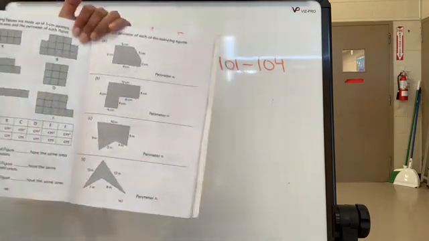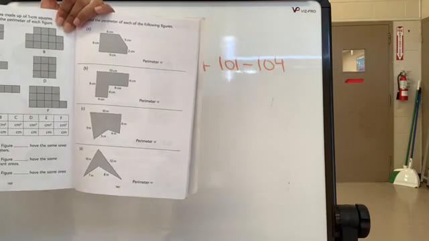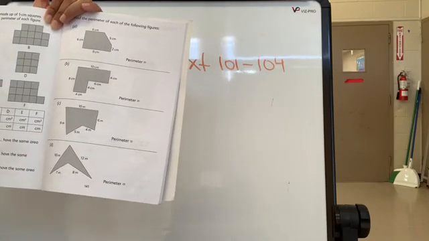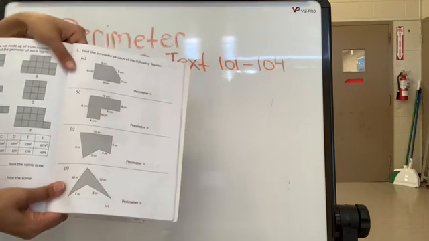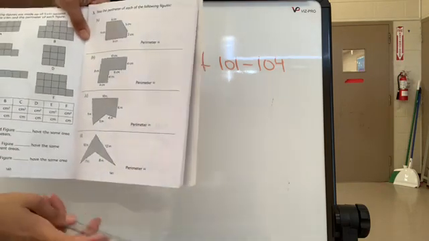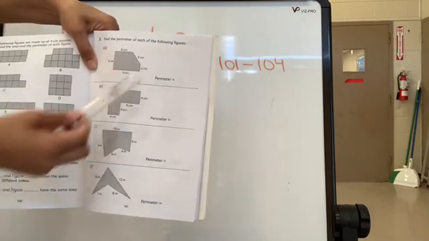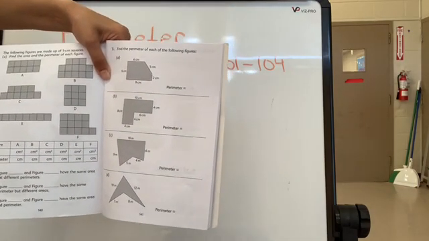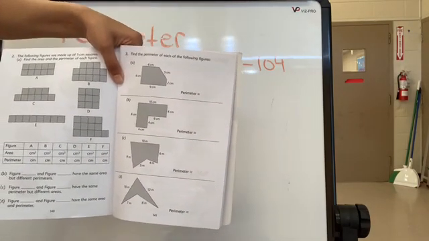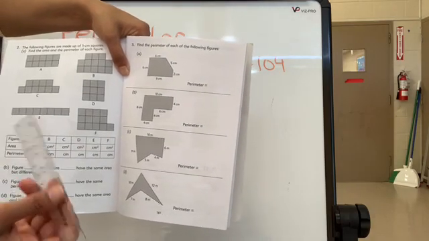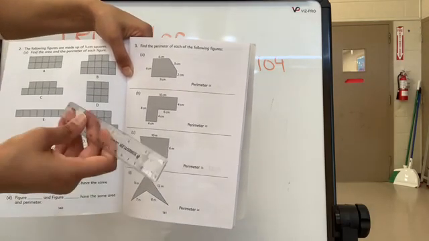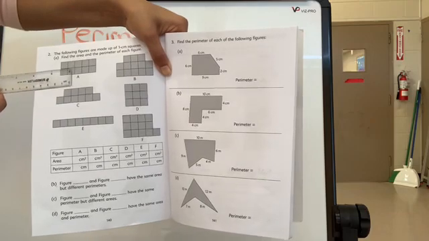So basically I just told you how to calculate our perimeter, and that is, so they've given you on page 141, they've asked you find the perimeter of each of the following figures. And guess what? If you were really paying close attention to my lesson, you would know what I just did here.